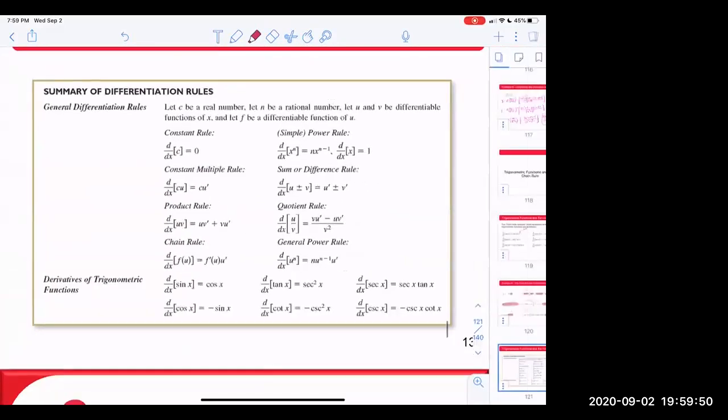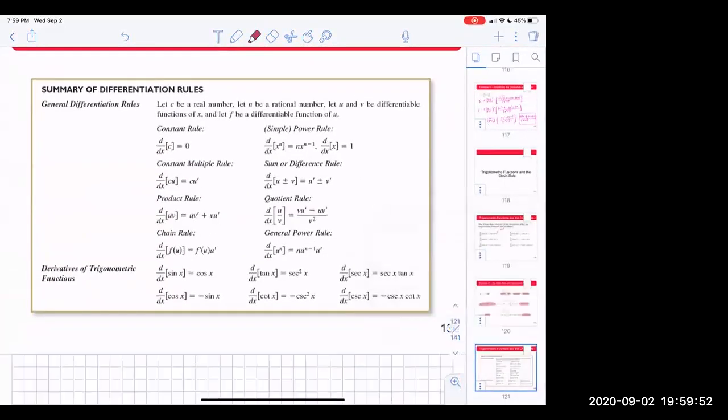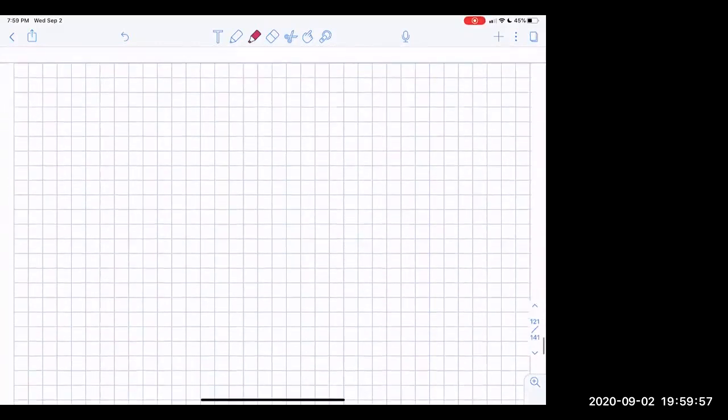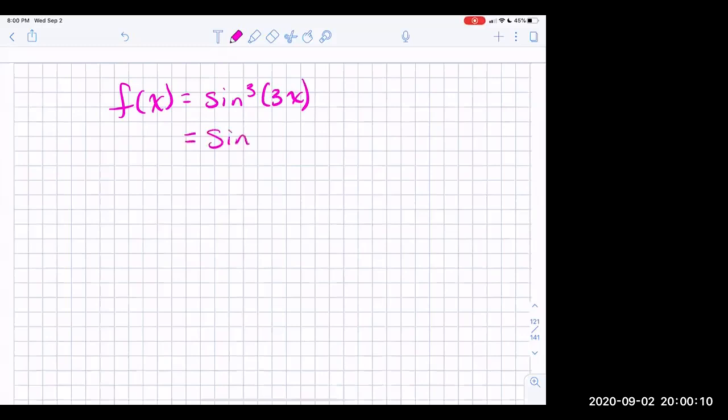Now, one other thing that I want to cover with us is repeated application of the chain rule. Something like this. So we would see this as sine of 3x to the third power. That's how you have to see that.